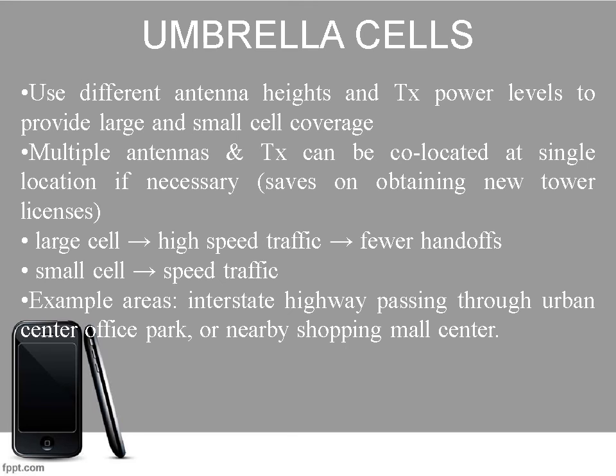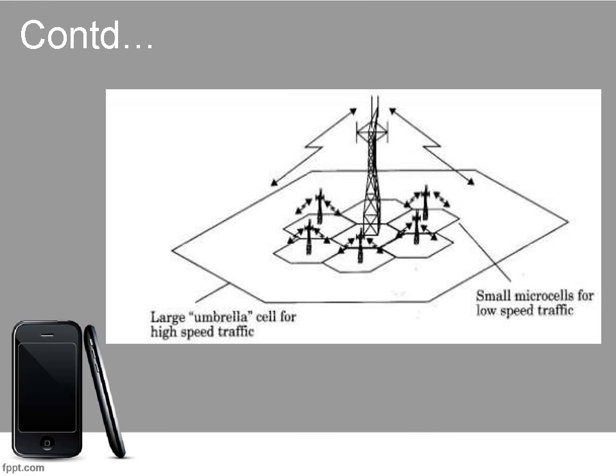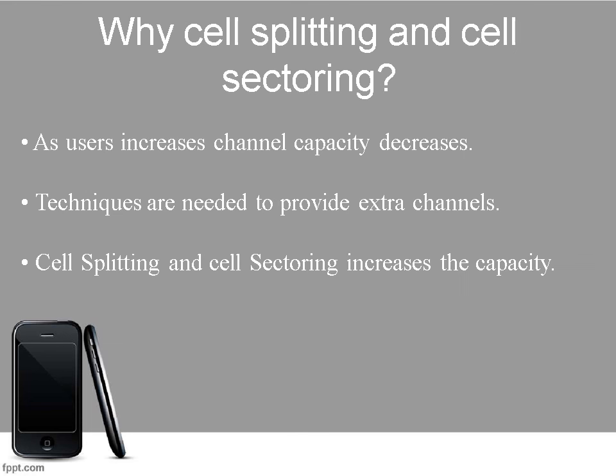Multiple antennas and transmitters can be co-located at a single location if necessary. The large cell carries high speed traffic with fewer handoffs, while the small cell carries low speed traffic. Example areas: an interstate highway passing through an urban center, an office park or a nearby shopping mall. This is the large umbrella cell for high speed traffic and the small cell for low speed traffic.